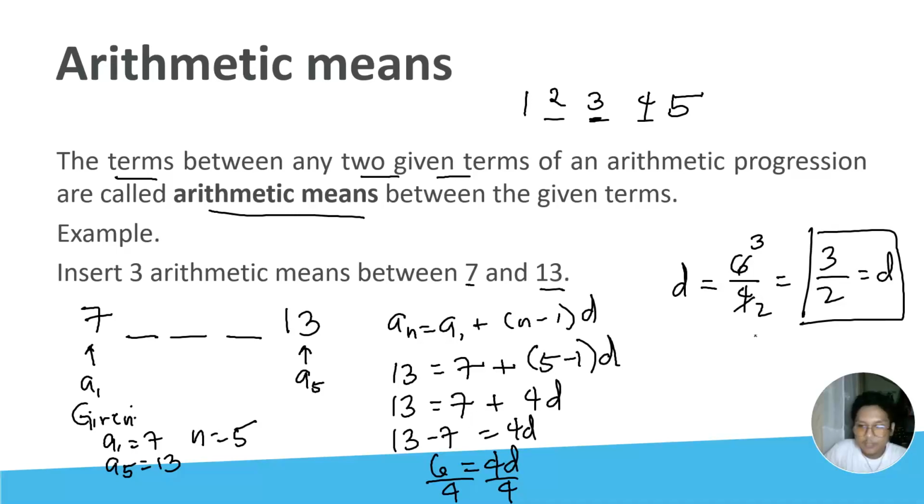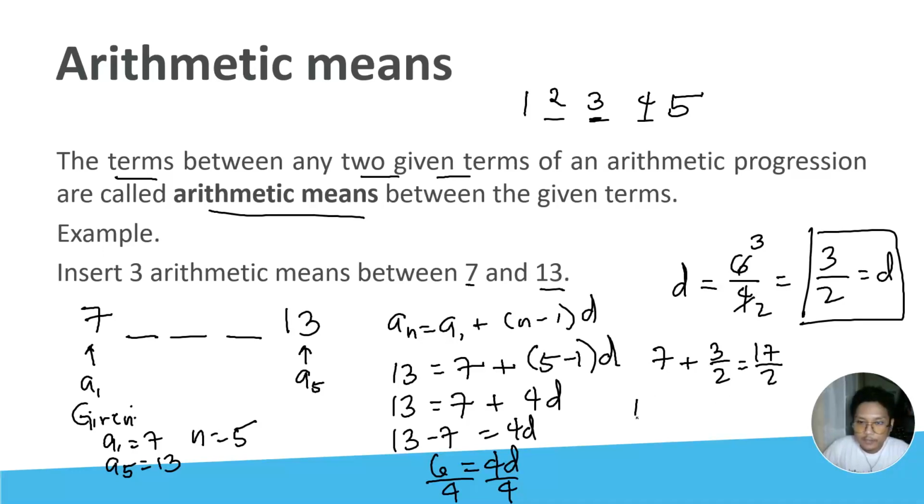So, ibig sabihin, i-add natin ang 3 halves dun sa first term para makuha yung second term, i-add din natin dun sa second term para makuha yung third term, at dun sa third term para makuha yung fourth term. Kaya, add natin 7 plus 3 halves, which is 17 over 2.